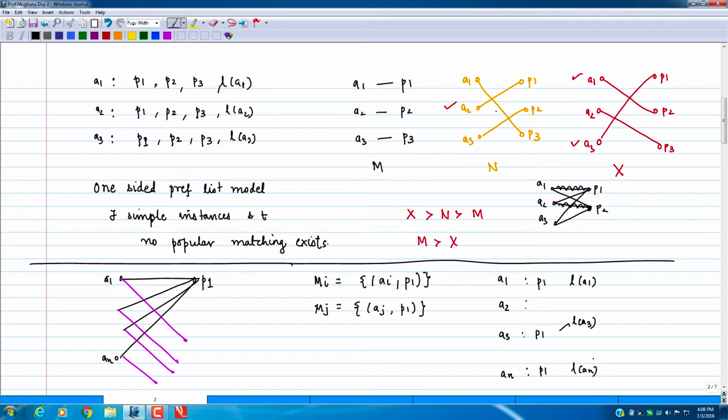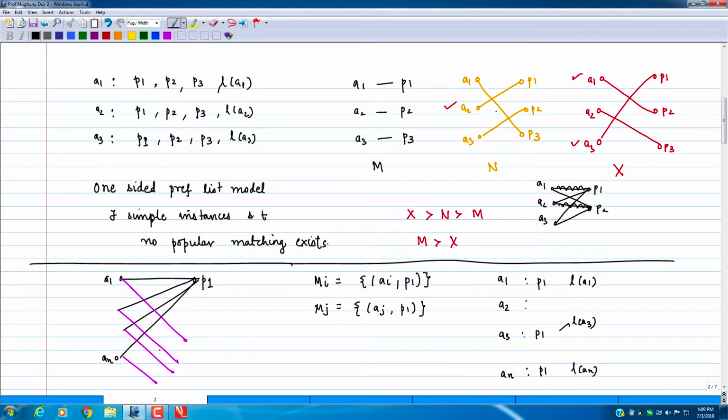Now you construct the reduced graph. The reduced graph has P1 for everybody, and then there are these pink edges which are the S post edges. They are all dummy edges actually, but our algorithm allows us to do that. Our characterization says it's perfectly fine.